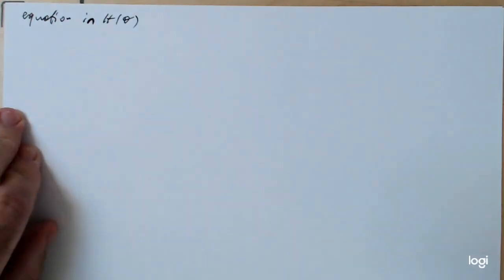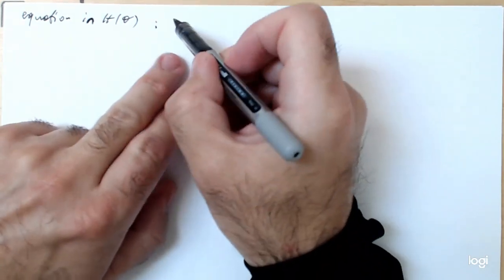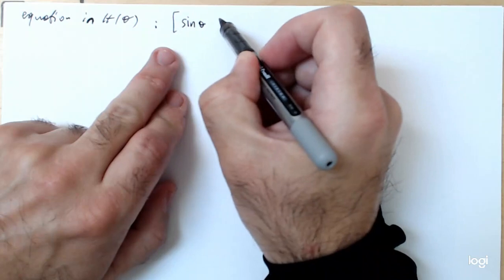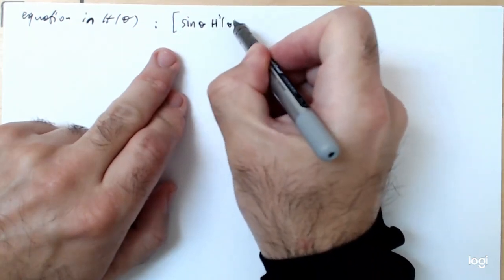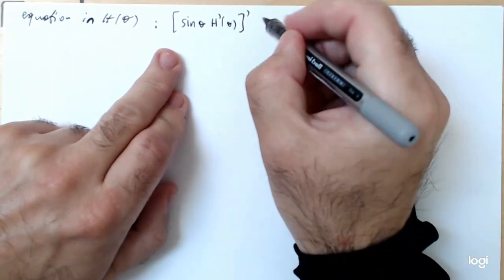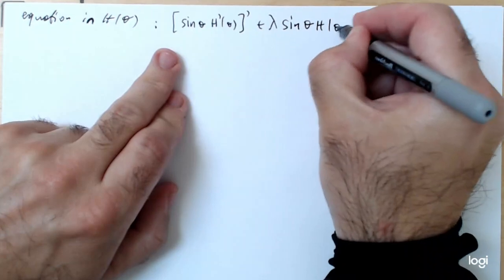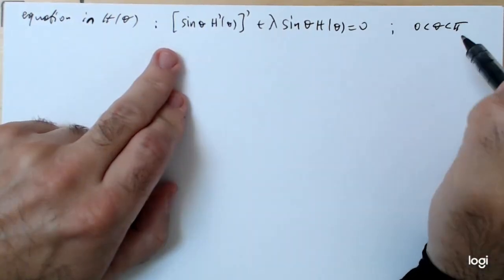Or from the separation of variables. So the equation in H will be a second order linear ODE in H, and it's going to have the form (sine of theta H prime of theta) prime plus lambda sine of theta H of theta equals 0, with theta between 0 and pi.